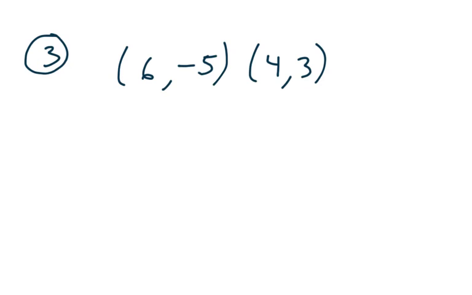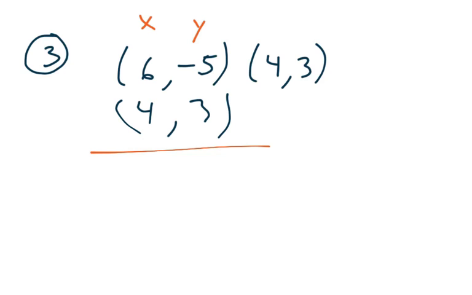Okay, guys, pause the video, copy this down, give this one a shot. Okay, so I'm going to use the line-up way. Hopefully you agree with that idea. And again, don't forget the first numbers are my x's, the second numbers are my y's. So I'm going to do 6 minus 4, which is 2.